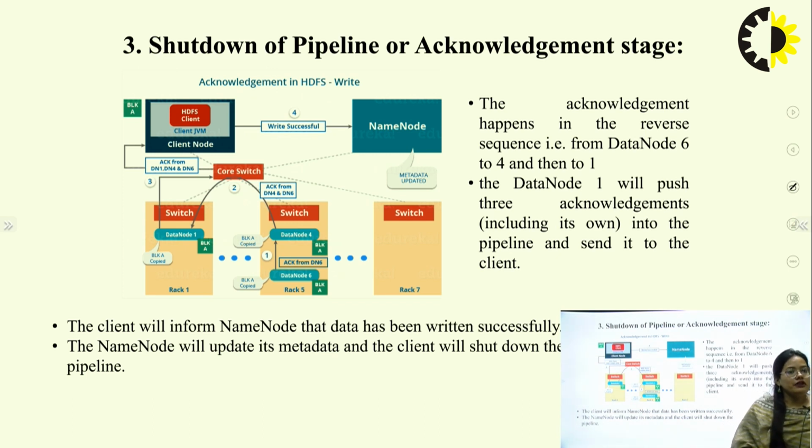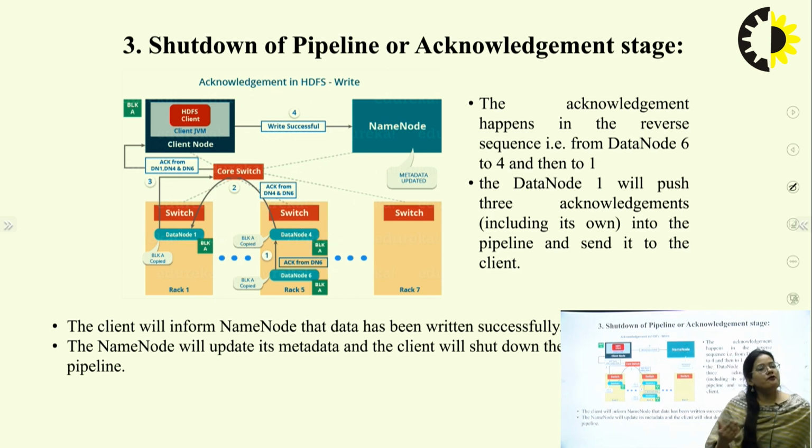Then the client will finally close the pipeline to end the TCP session. The acknowledgement happens in the reverse sequence, that is from data node 6 to 4 and then to 1.